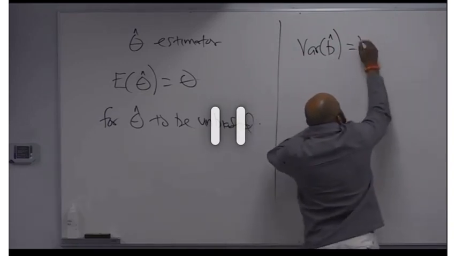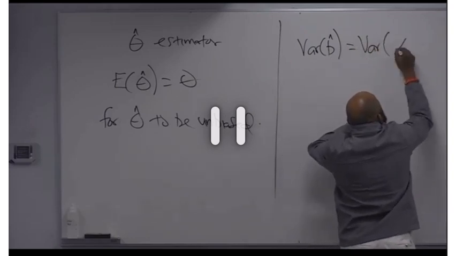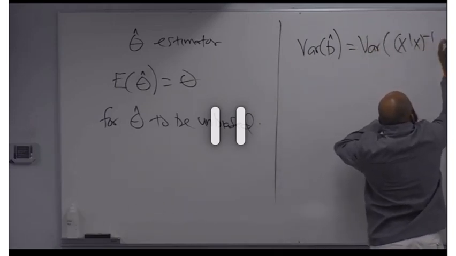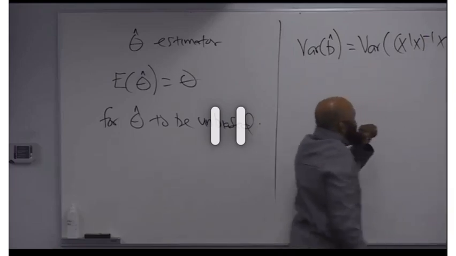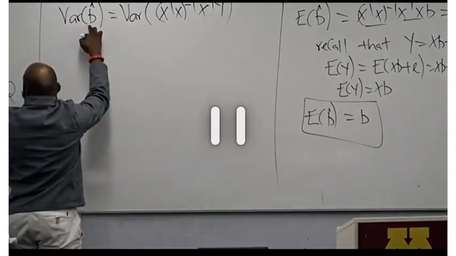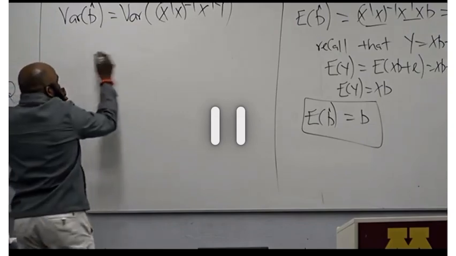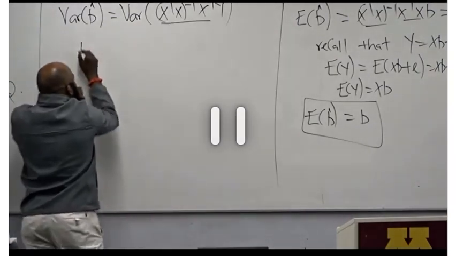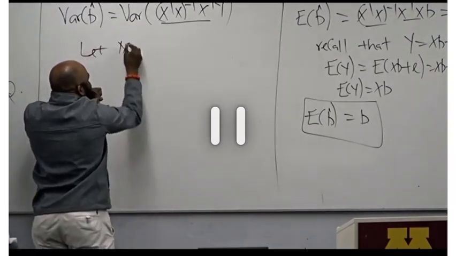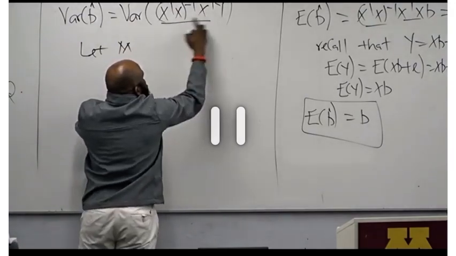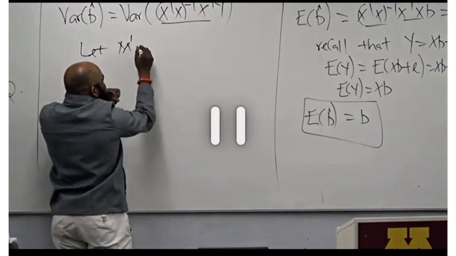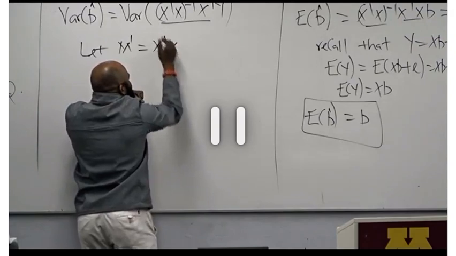Now, the variance of what is that? X transpose X, inverse, X transpose Y, because that is what we derived B cap to be. Because this is a lot, and this entity involves a transpose, I can say let M transpose represent this.